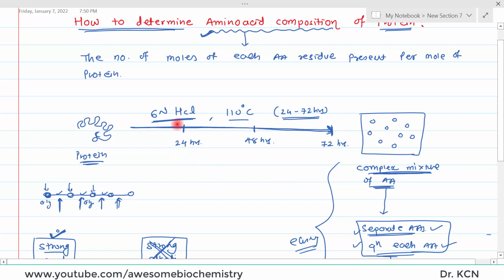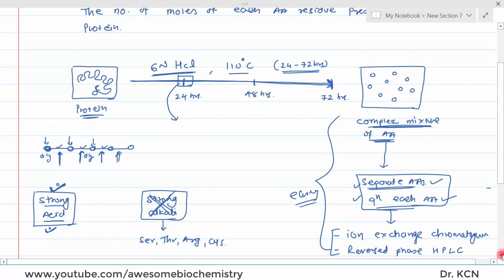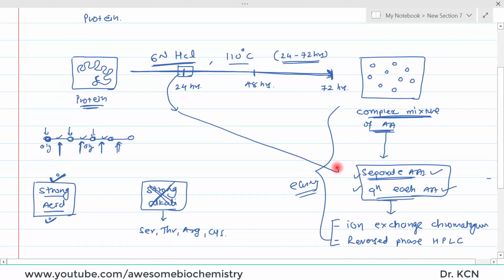So once 24-hour heating is done, we take a small sample of this protein solution into another test tube, and then we do separation and quantification of amino acids at this point.